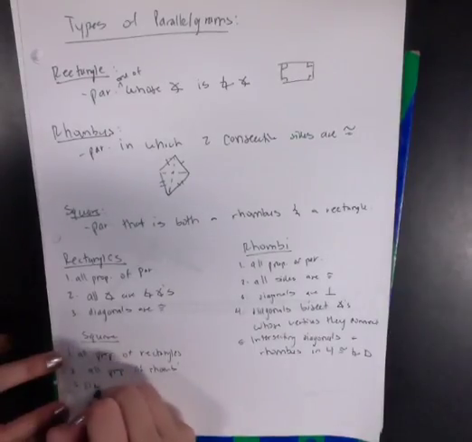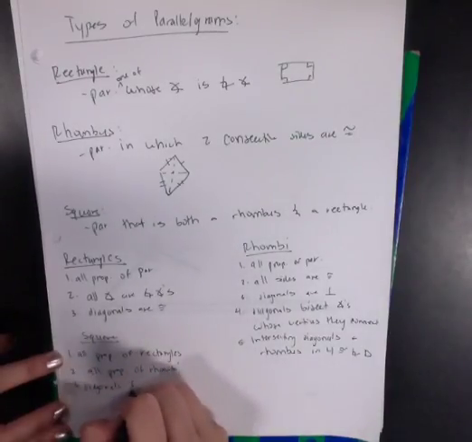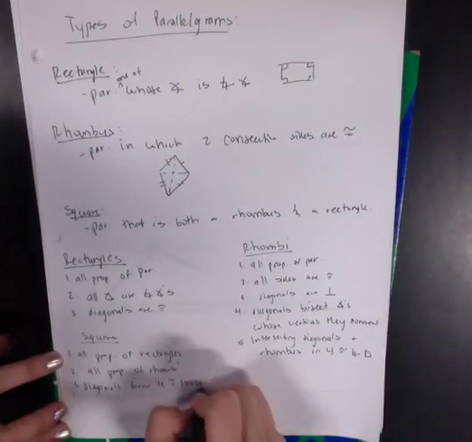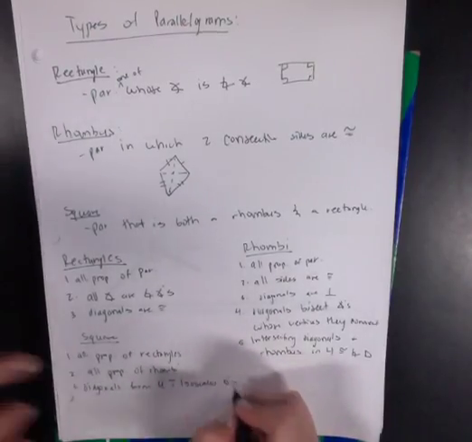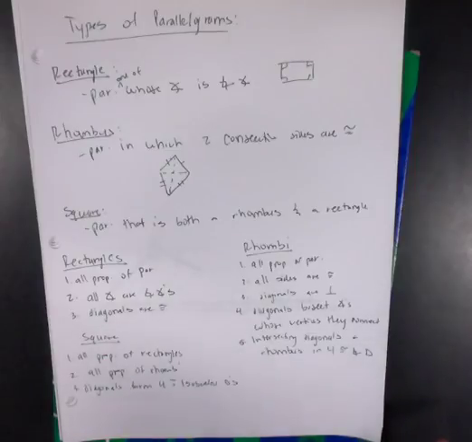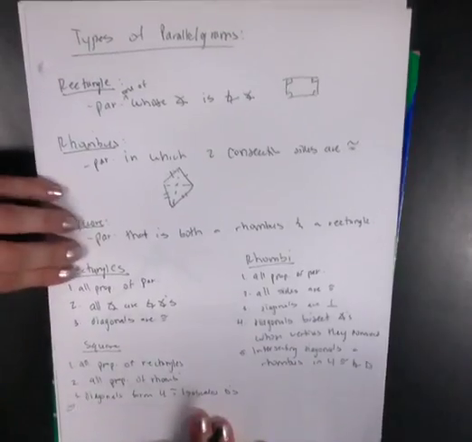And its diagonals form four congruent isosceles triangles. Now, all of these are really important because you need to know all of these facts. We're going to do proofs with them. You might also be given questions that ask you to identify which type of parallelogram we're talking about.